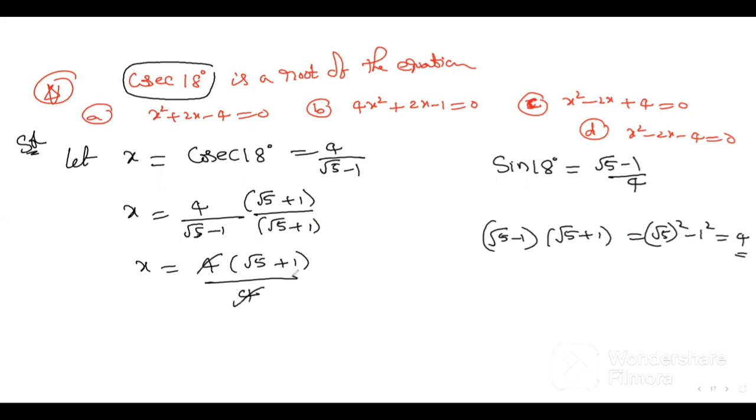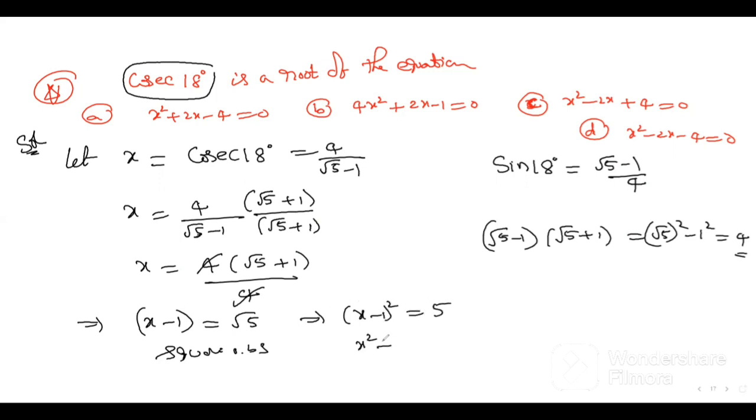Okay, 4 gets cancelled. Here plus 1 sending to the left side, what we get? X minus 1 is equal to root 5. Now squaring on both sides. So x minus 1 whole square is equal to 5.